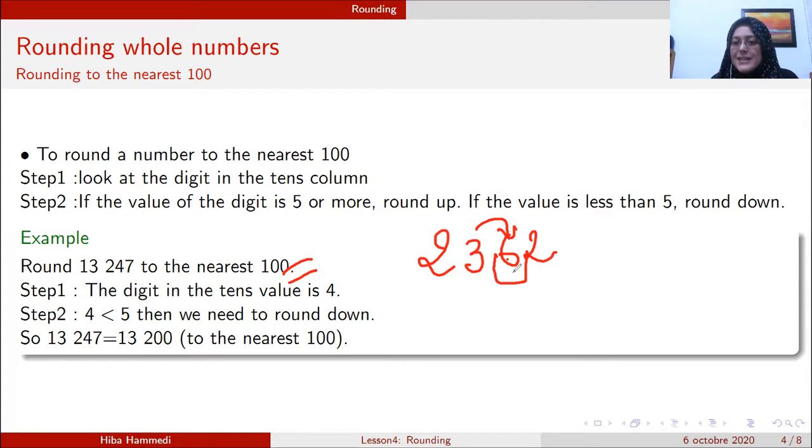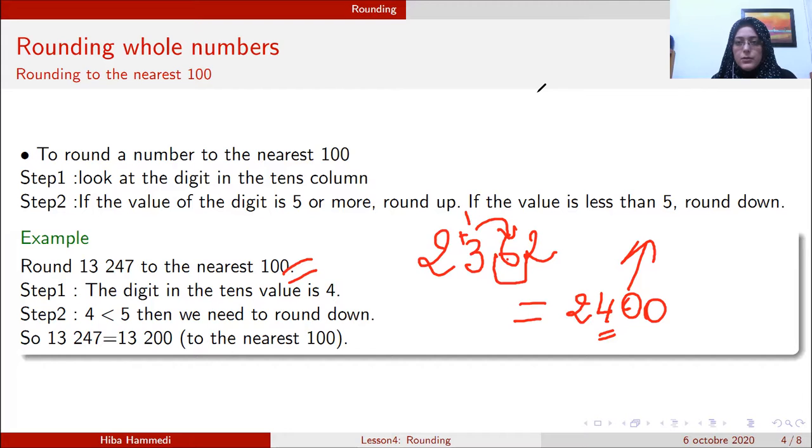And 6 is more than 5, so I need to round up this number. Rounding this up, it will be 400. It means I will add 1 to the value 3, and then I will ignore any digits after the new value of the hundreds. So it will be 0, 0 like that. Okay.